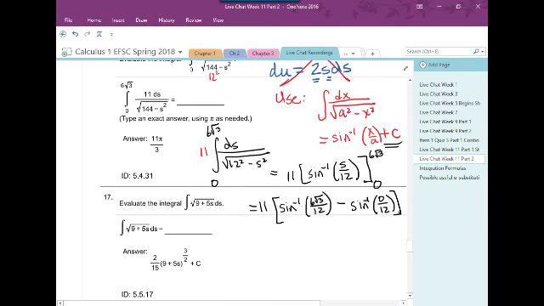Now, if you reduce 6 root 3 over 12, you get root 3 over 2. So what this is really asking is what angle has a sine of root 3 over 2?